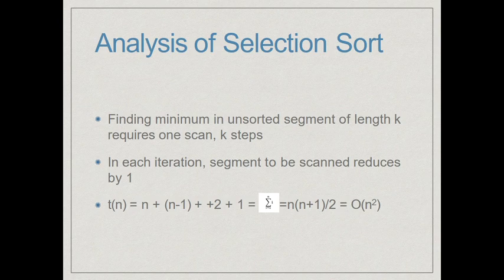So overall the number of steps is n plus n minus 1 plus n minus 2 down to 1, which is just the usual summation, sum of i equals 1 to n of i, and this we know is n into n plus 1 by 2, which is order of n square. So this algorithm, the iterative implementation of selection sort, is order n square.